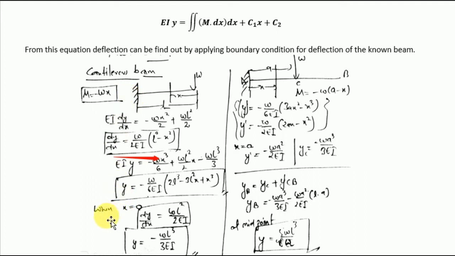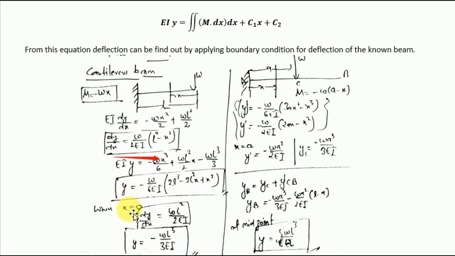As you can see, placing the value of x as 0 in the slope equation, we find the slope at the section where x is 0 is Wl square upon 2EI, which means at the point where the load is applied, the slope is Wl square by 2EI.